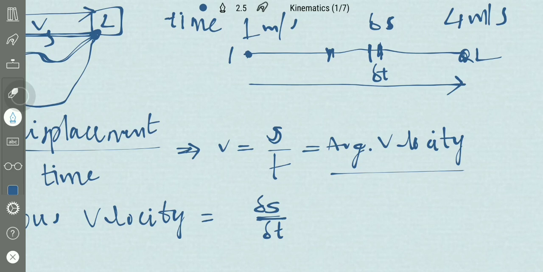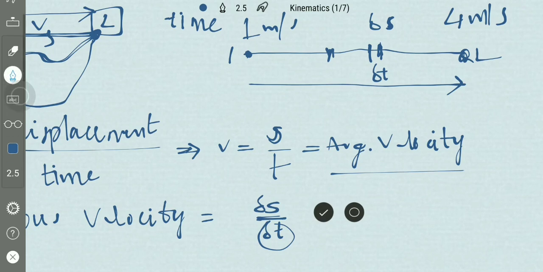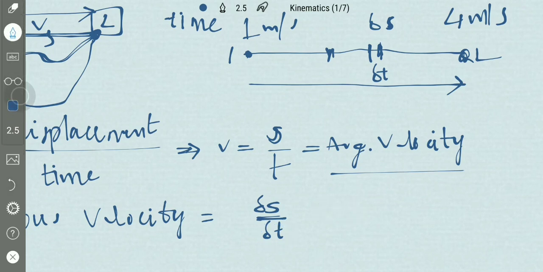So what is instantaneous velocity at a particular point? At a particular point means this delta t should tend to 0 so that we obtain the certain point. So limit delta t tends to 0. This is the definition of a derivative, right? It will be studied in calculus.